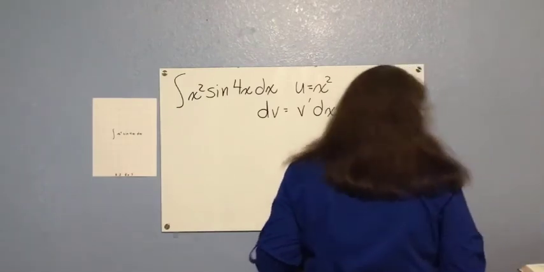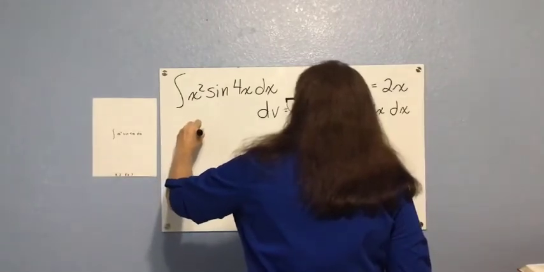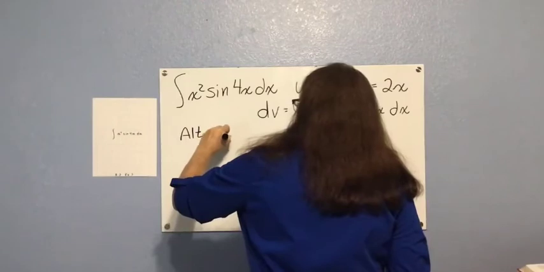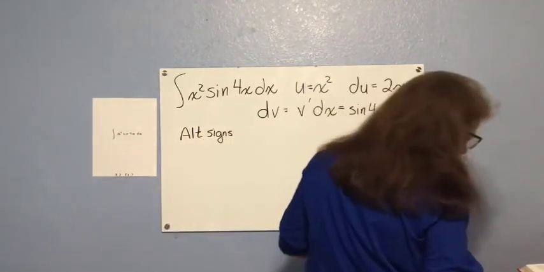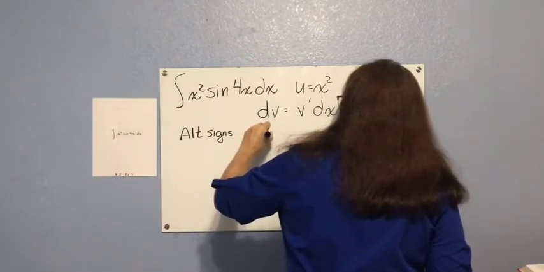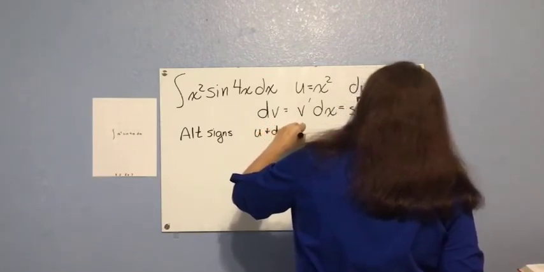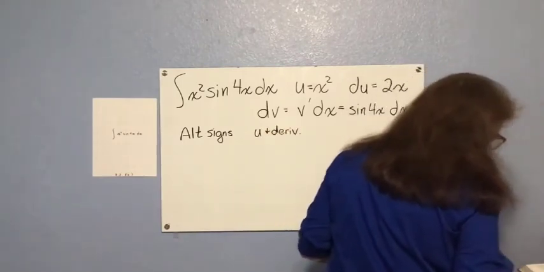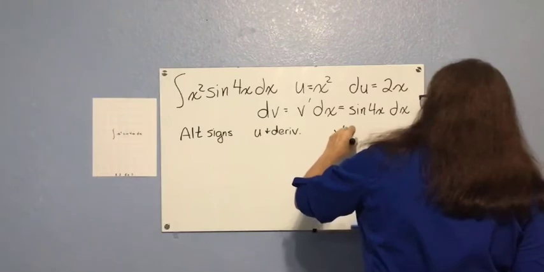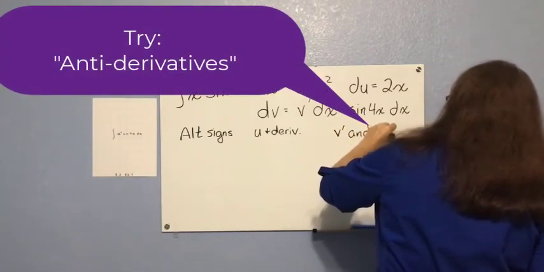Now we're going to make a table, and the first column is alternate signs. The second column is u and derivatives, and the third column would be v prime and its derivatives.